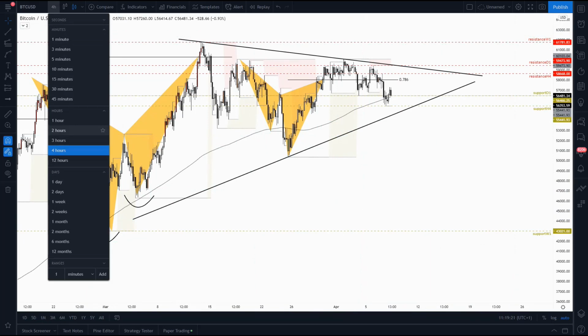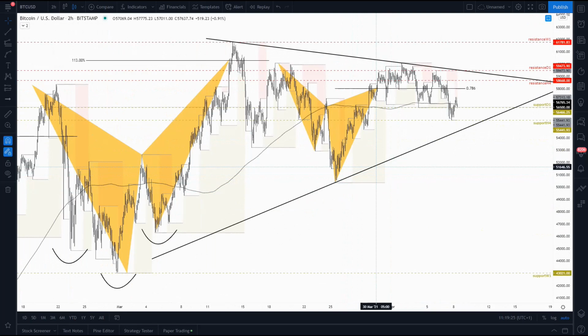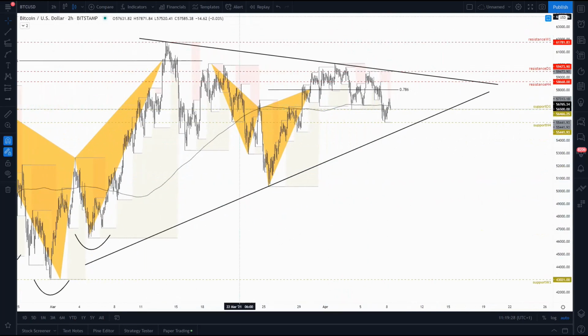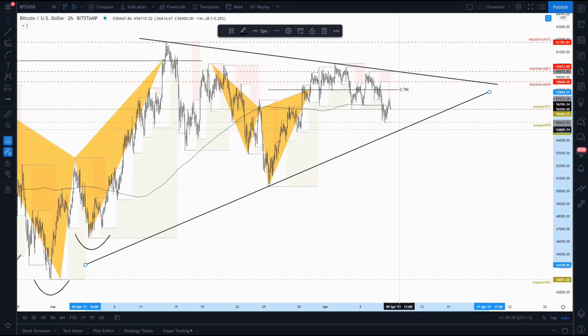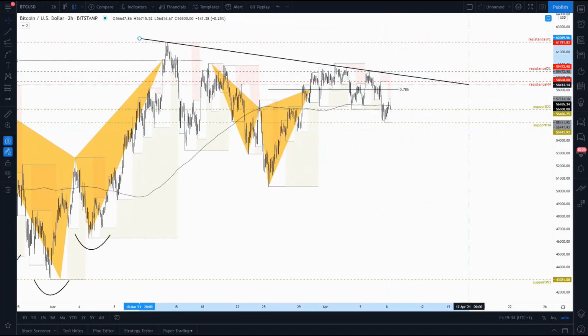So let's go into a lower time frame because I want to share with you something specific. Let me delete those trend lines here. I will draw them again later if necessary. And in fact, as I said yesterday, a trend line is only a guideline.